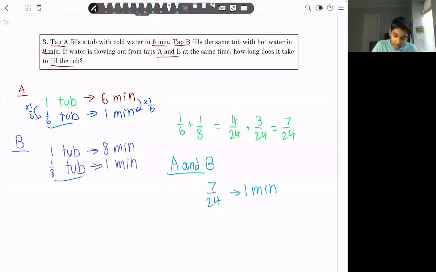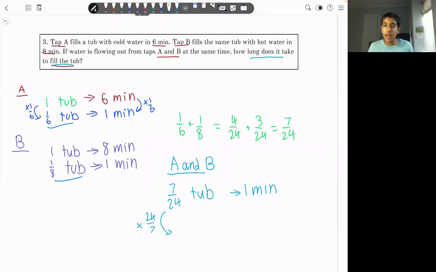And now we're asked to find how long will it take to fill the whole tub. So for them, 7/24 of a tub. Let me write that, 7/24 tub. So that means to fill the whole tub, we must take 24/7 the amount of time. So again, we just multiply the same thing to both sides.